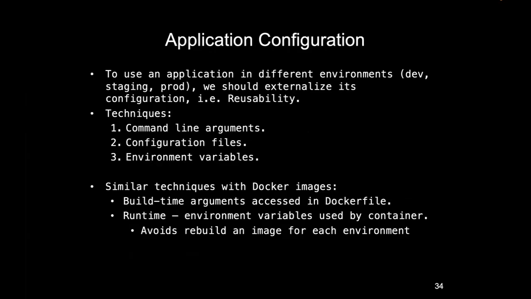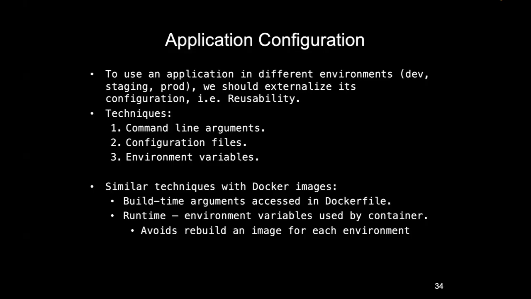And by environments, we mean dev, test, QA, staging, production. These are all classically the different types of environments that we might want to run our application in. And there might be slight tweaks in those environments, which impact on the application's execution.